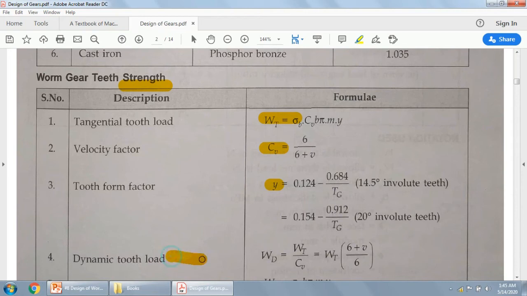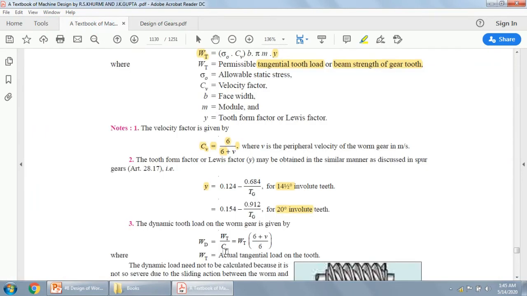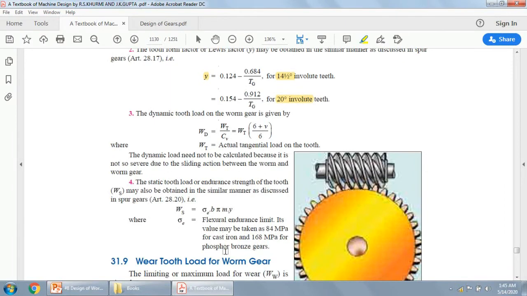Next is the dynamic tooth load. The dynamic tooth load on the worm gear is given by WD equal to WT by CV.